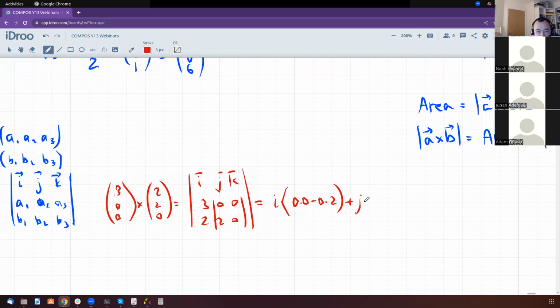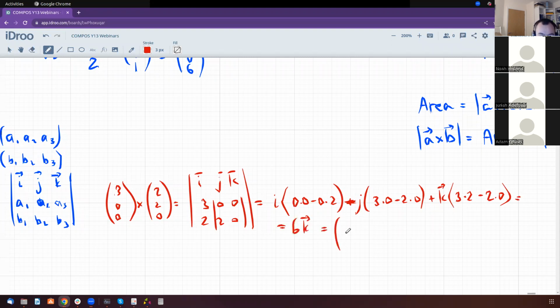I'm not sure why I'm doing this, because those of you who haven't done determinants, this would be super confusing, and those who have would think that I'm just wasting time. Anyways, minus j times 3 times 0 minus 2 times 0, plus k, 3 times 2 minus 2 times 0. And you will see that the answer is 6k, or in other words, 0, 0, 6.